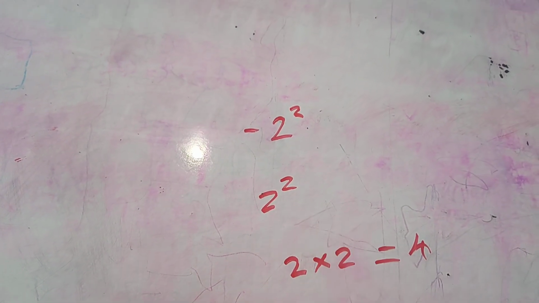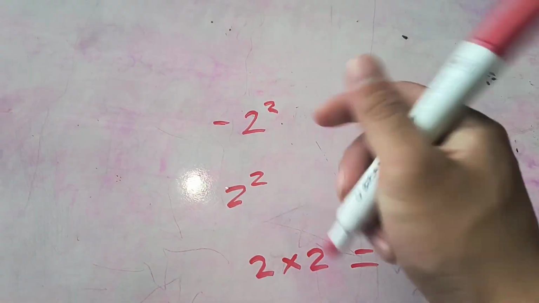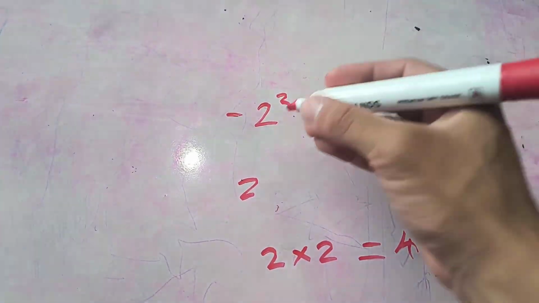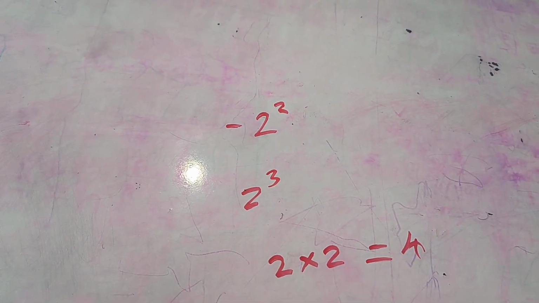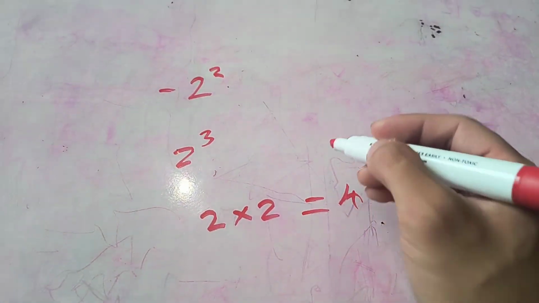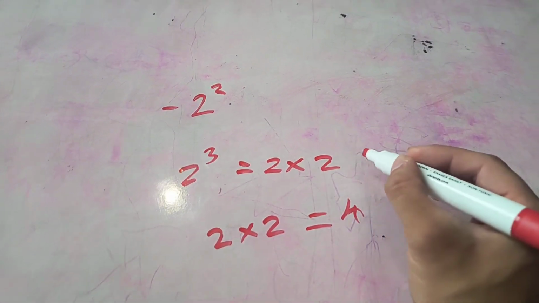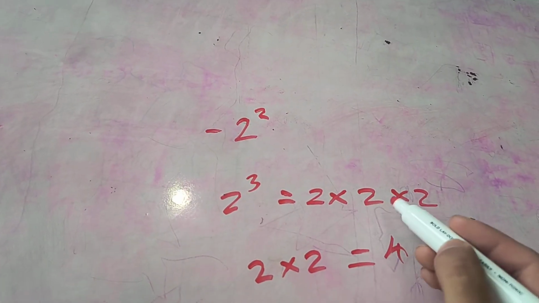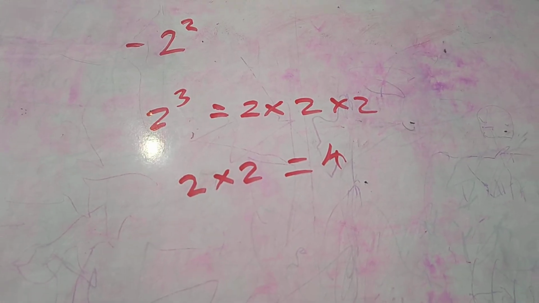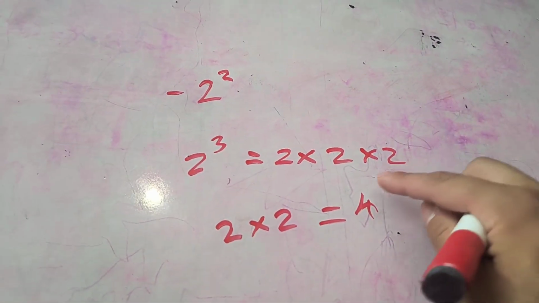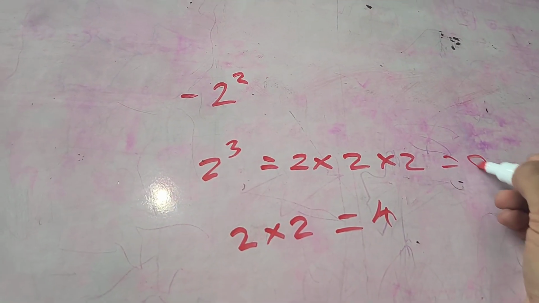That's what this means. If it was 2 to the power of 3, you would be saying 2 times 2 times 2. 1, 2, 3, right? That's what an exponent is.